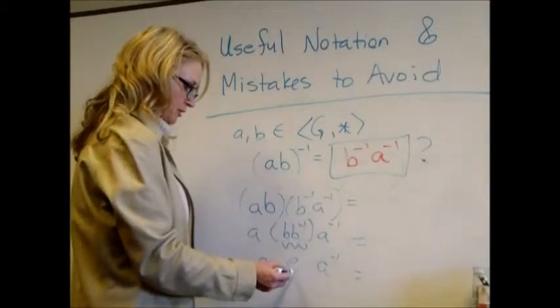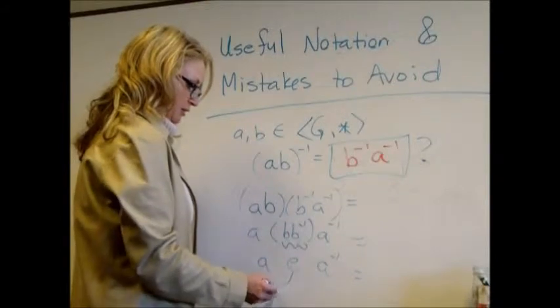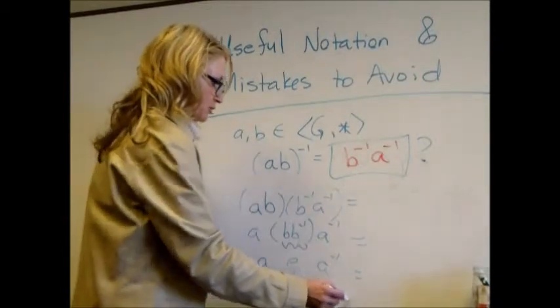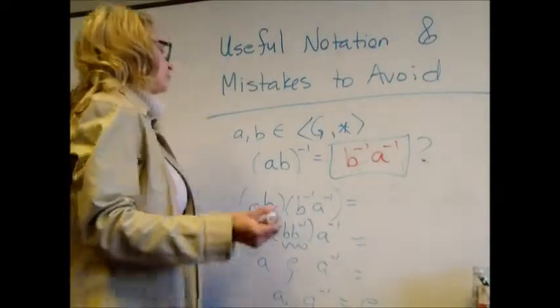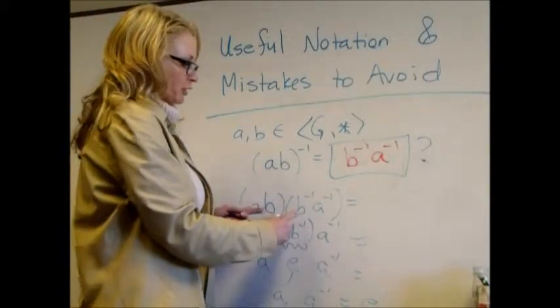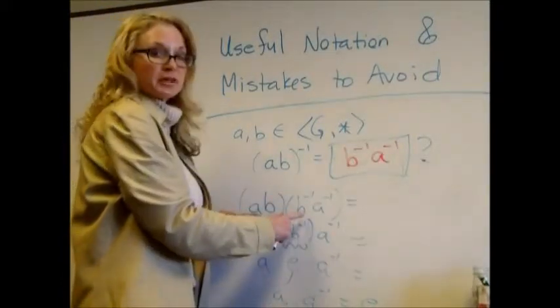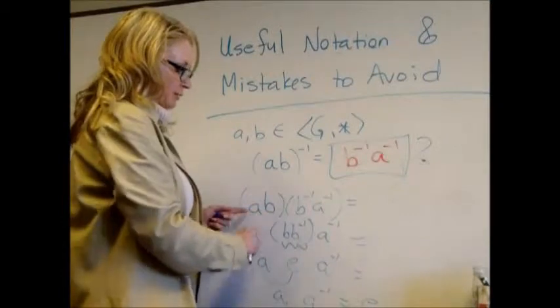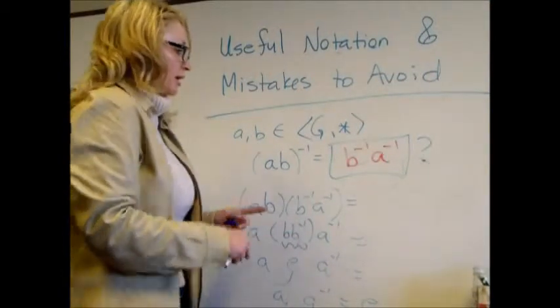And of course, this times a is just a inverse, and so then we have e back. So on right multiplication by this element, b inverse a inverse, we get that times ab as the identity.